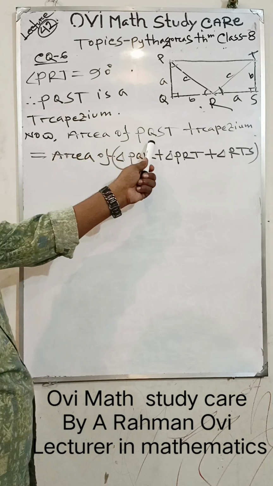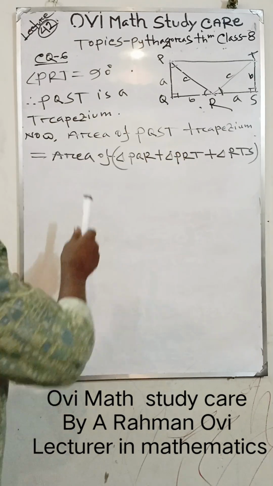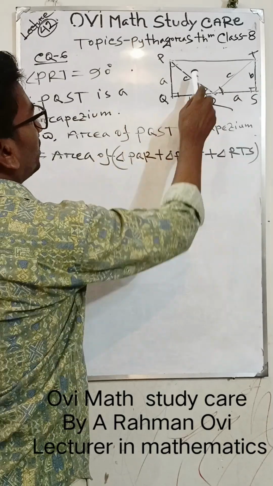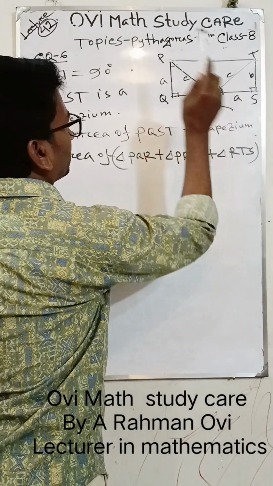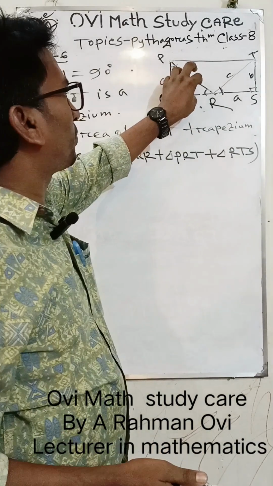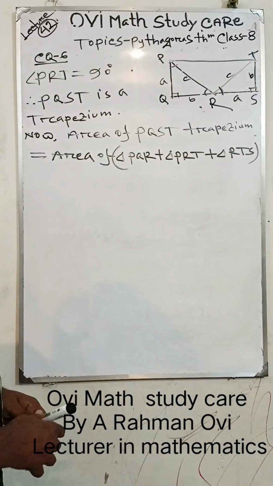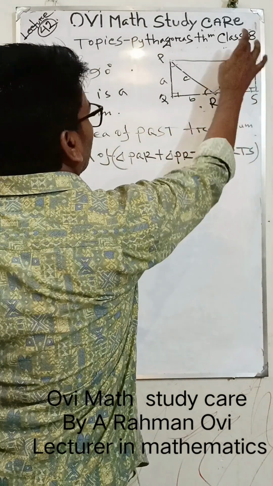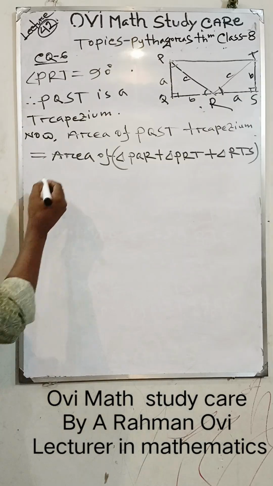Here the area of trapezium PQST equals the area of PQR plus the area of PRT plus TRS. The sum of these three triangle areas makes the trapezium PQST.